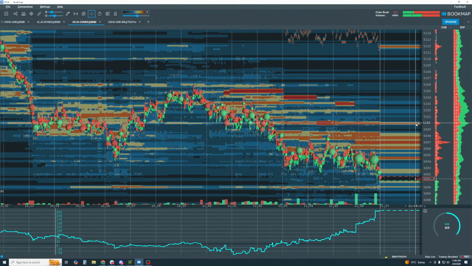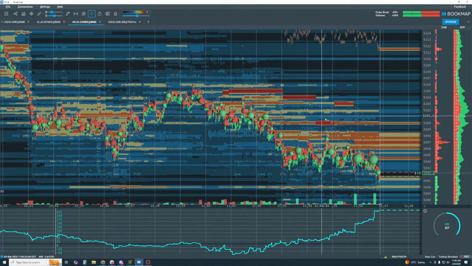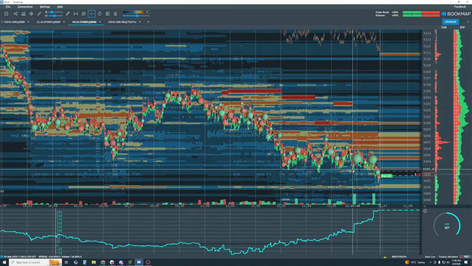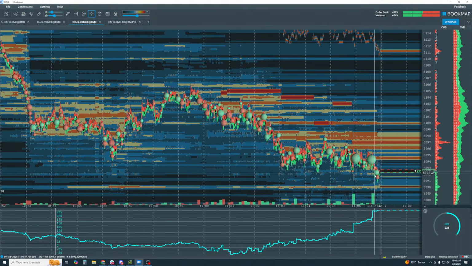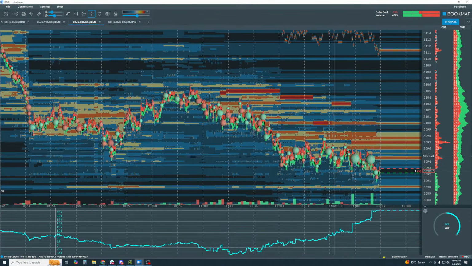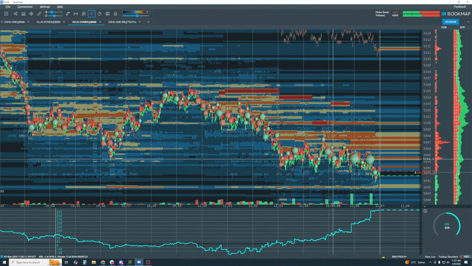Down below also 5100 here. There's a lot of liquidity here on the offer, but look at the divergence in here. You see this in gold though. We saw this time and time again.